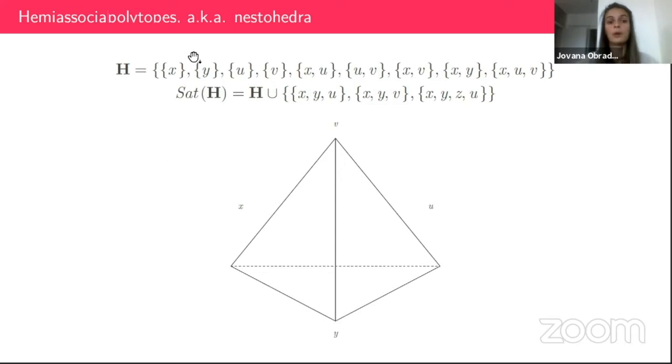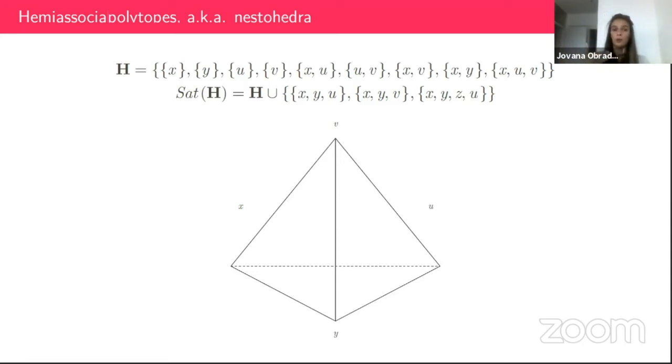Here our hypergraph is defined on a 4-vertex set, and this is why we start with the tetrahedron, okay? And I'm going to label the facets of the tetrahedron by the names of those vertices. So here the triangle on the left is x, the right one is u, the back one is v, and the bottom one is y. So this is the starting simplex.